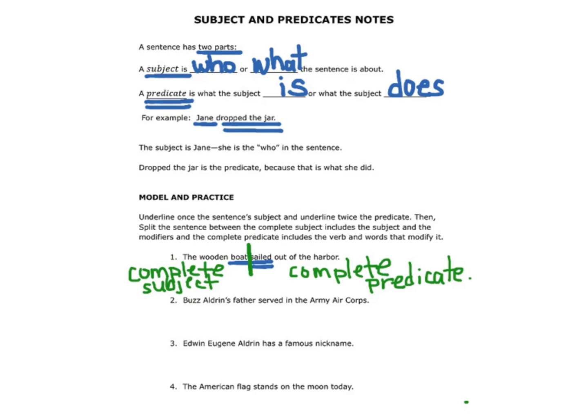So remember, each sentence must have a complete subject and a complete predicate. Let's try that again since I erased it. There you go, predicate.